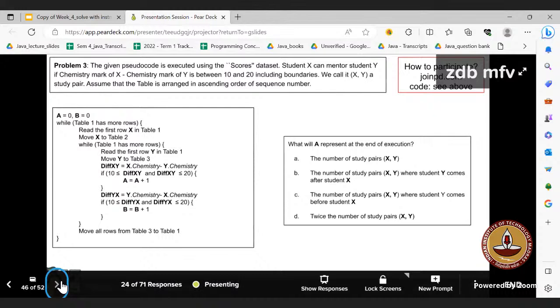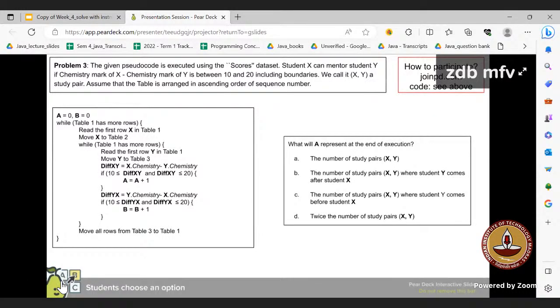So even if the x marks are greater than the y marks, or the y marks are greater than the x marks, in the range of 10 and 20, both will be counted as pairs either in A or in B. But in the case of A, student x has come before student y, because the difference means chemistry marks of x minus chemistry marks of y.